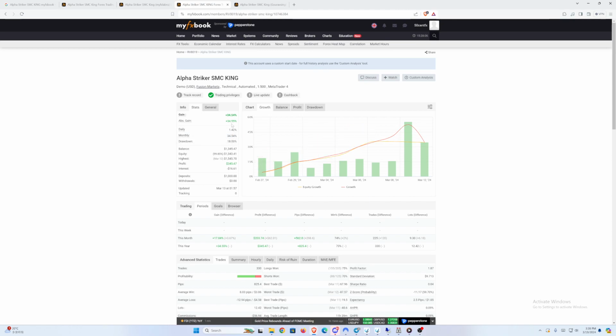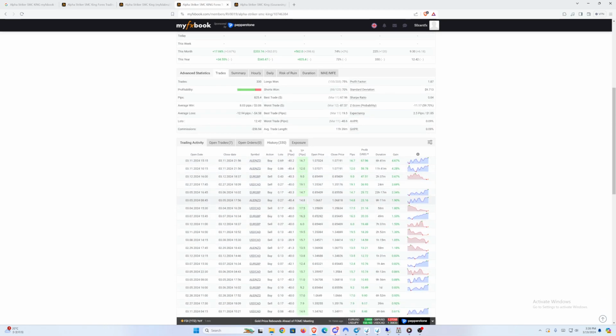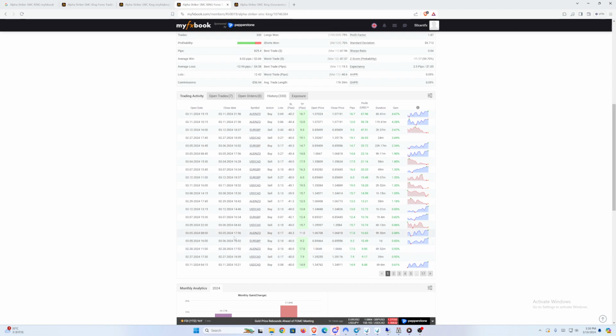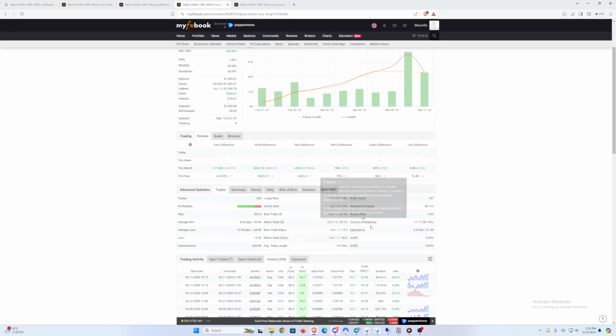Who knows? But the linear growth is good, and consistent profit. There are no consistent profits in a single day, but there are consistent losses. So Sharpe ratio 0.04. Let's see the profit factor.